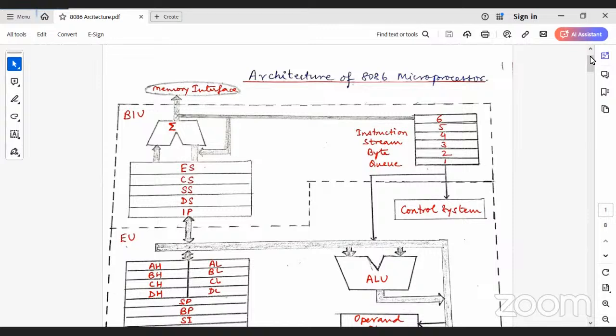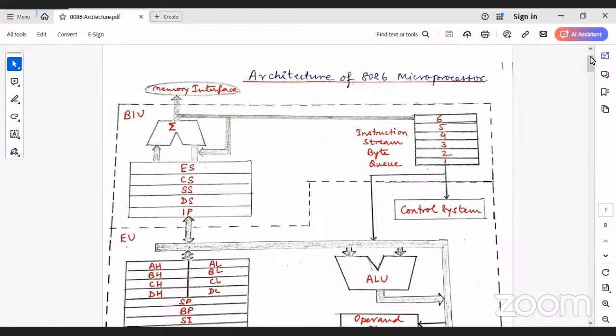Here, the pipelining technique will do something known as multitasking. How it will do the multitasking is, the instruction, once it is fetched by the BIU, bus interface unit, the execution will be done by the execution unit.